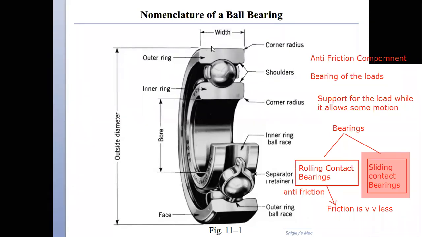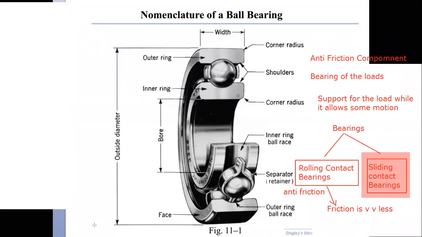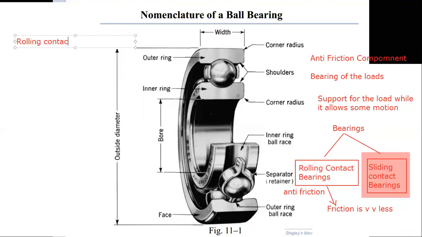If we take the rolling contact bearings and look at the types in there, so in the rolling contact bearings, there can be two types of bearings.